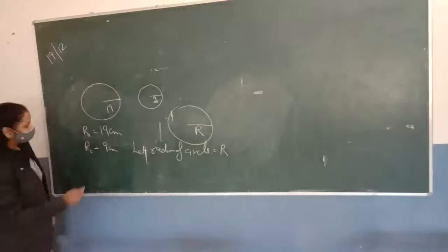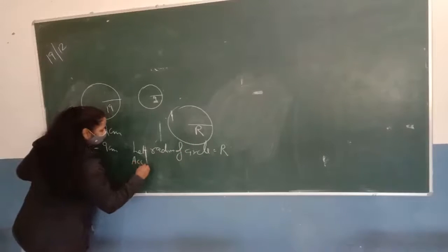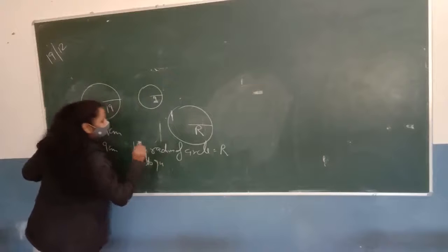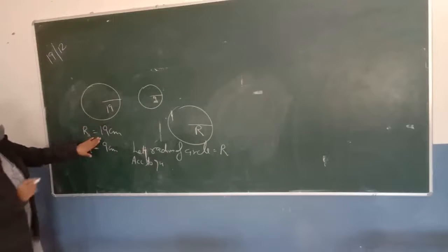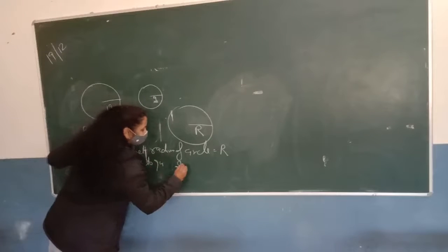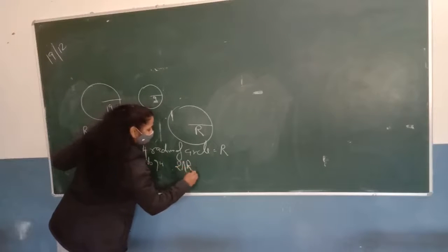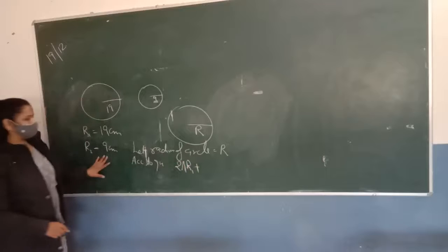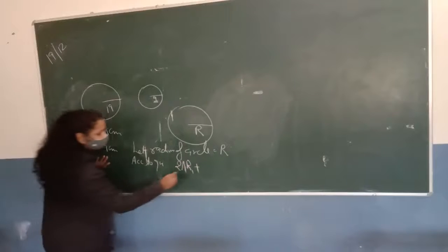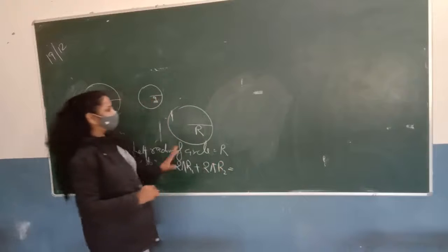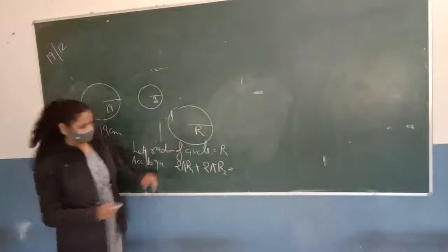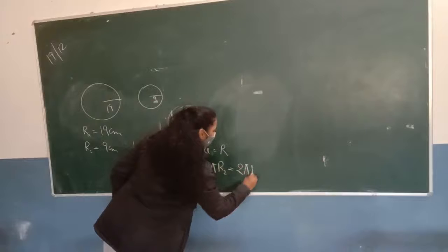So according to the question, the circumference of the first circle, what should it be? 2 pi r1 plus the second circle 2 pi r2 is equal to the circumference of this circle, that is 2 pi r.